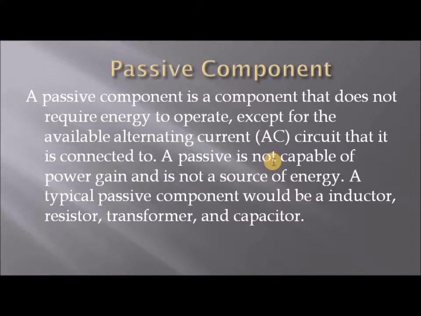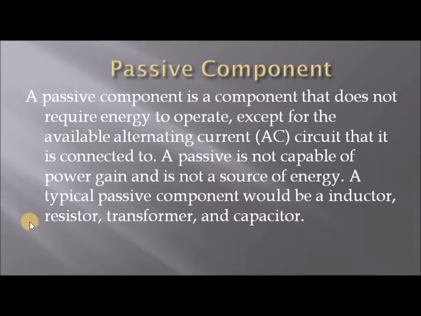A typical passive component will be an inductor, resistor, transformer, and capacitor. Generally, passive components are not able to increase the power of a signal, nor are they able to amplify it.